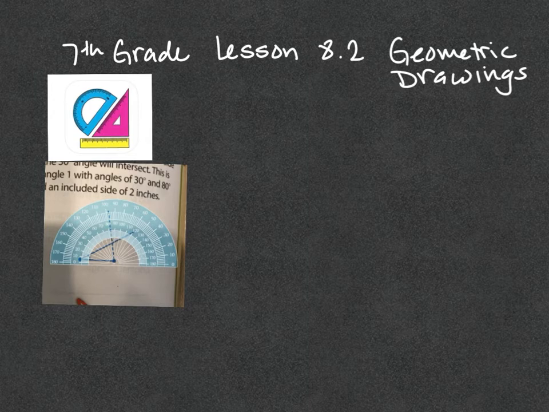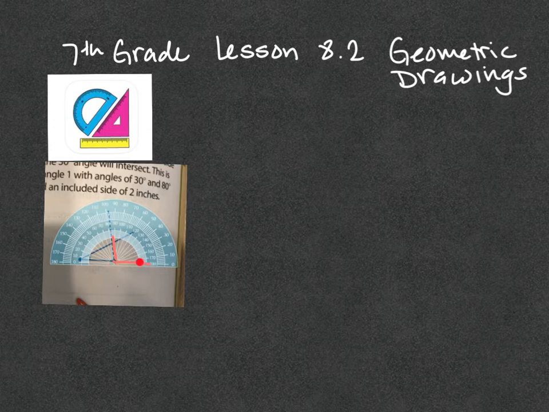Or if I were to move my protractor over and I had an angle going this direction, and I wanted to measure it going the way that the straight ray is pointing, then I would start at 0 going this way. So you start at 0 based on which direction the ray that's on the bottom is pointing.